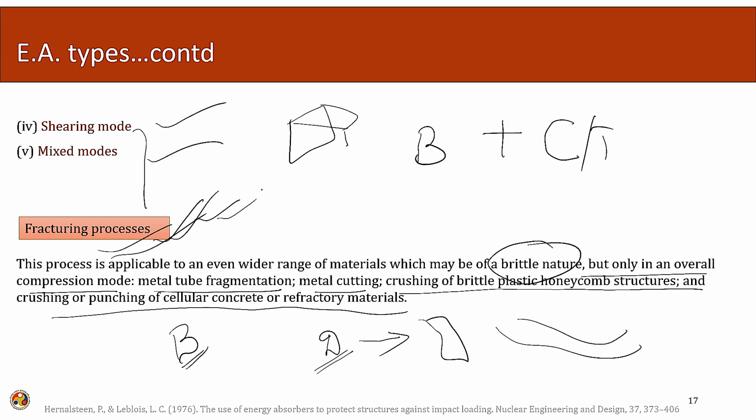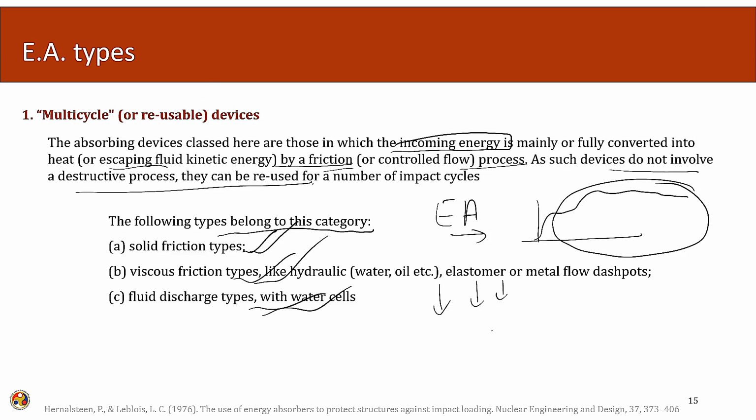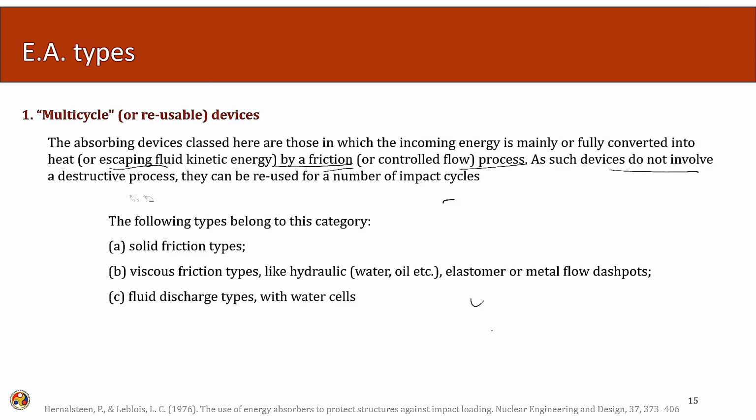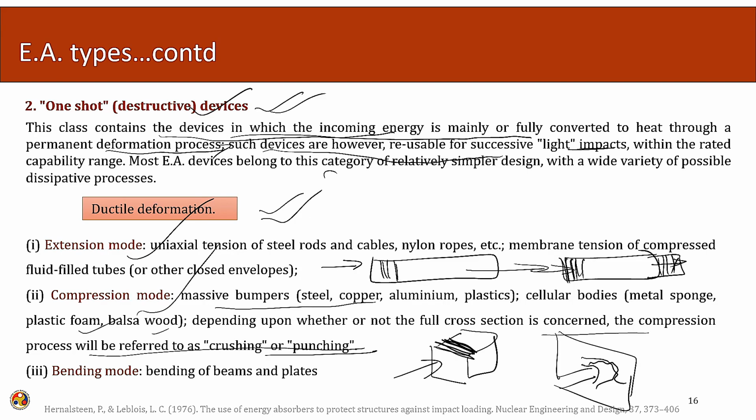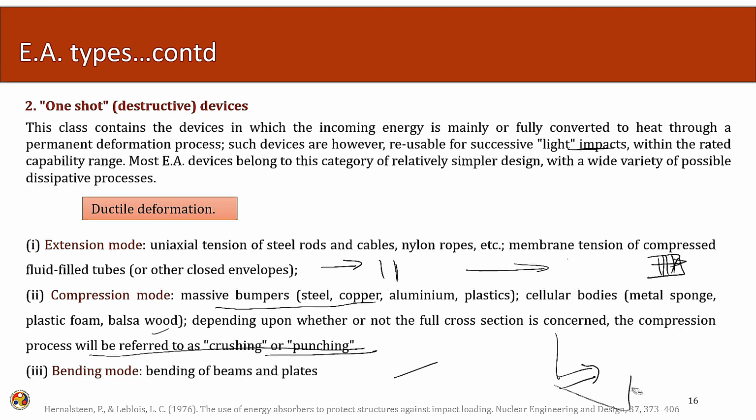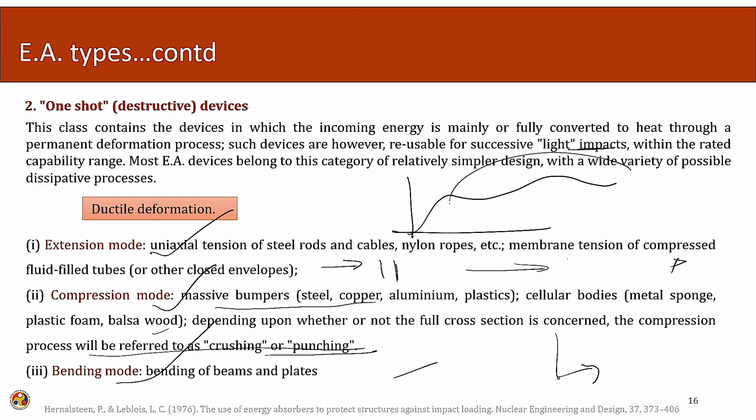So, we have looked into the multi-cycle mode, where the energy is converted into heat energy via friction or an escaping fluid type of process. Then we have looked into the one-shot destructive modes in which ductile deformation occurs, which can be of tensile mode, compression mode or bending mode, where there is a large plateau formation and the energy is absorbed by the formation of this plateau.